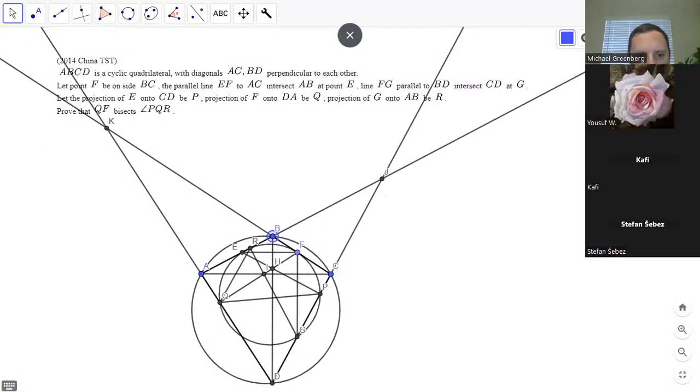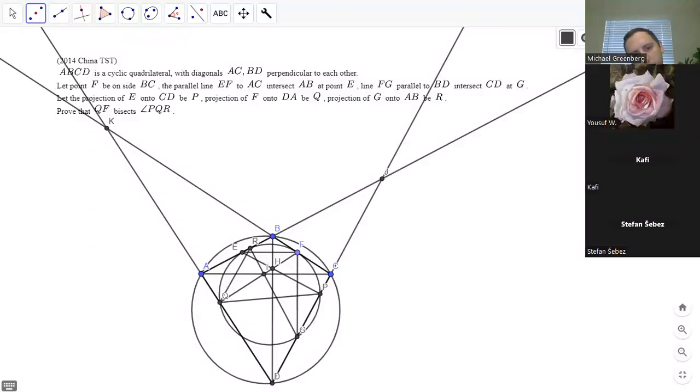Sorry, let me make it look like it did before. Yeah, if that's cyclic, projecting onto the circle seems like a logical idea.